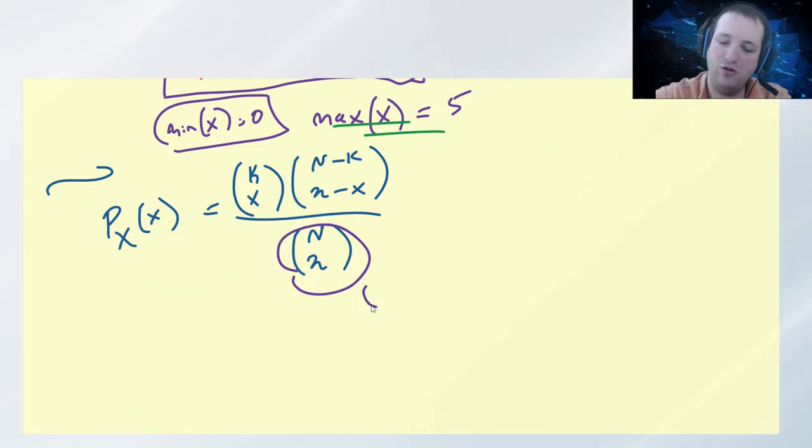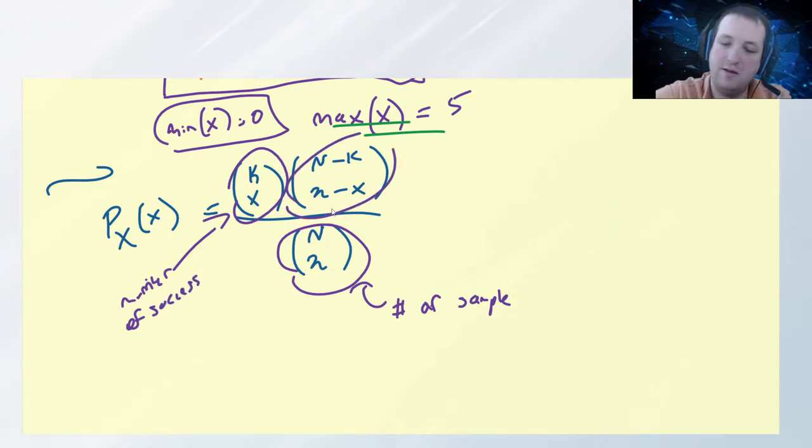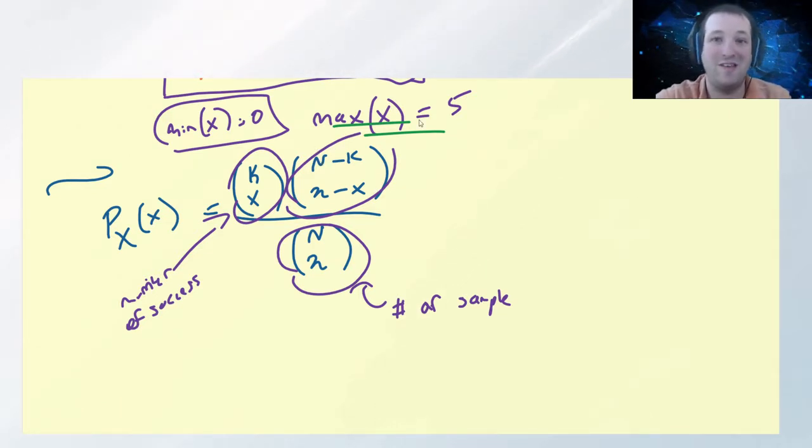Capital N choose n is pretty much the number of sample combinations. And k choose x is going to be the number of success combinations. And if k is the number of possible successes and capital N is the number of values in our population, that means capital N minus k is the number of failures that could happen in our population.